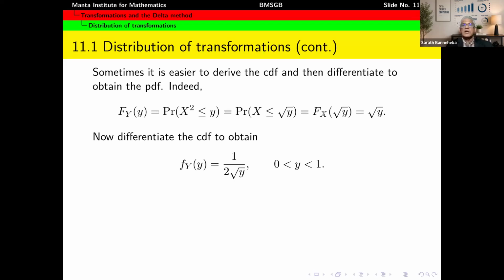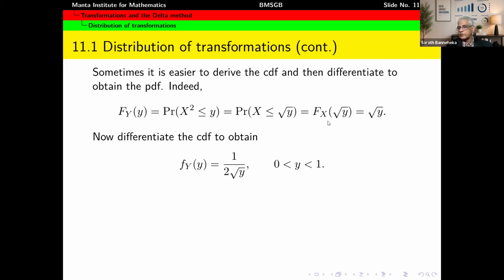So this is, by definition, the probability that the random variable X is less than or equal to some real number, which is equal to the cumulative distribution function of X evaluated at that value. But because X has a uniform distribution in 0, 1 interval, the cumulative distribution function of X evaluated at some value x is equal to simple x. So therefore, the cumulative distribution function of X evaluated at root y is equal to root y.